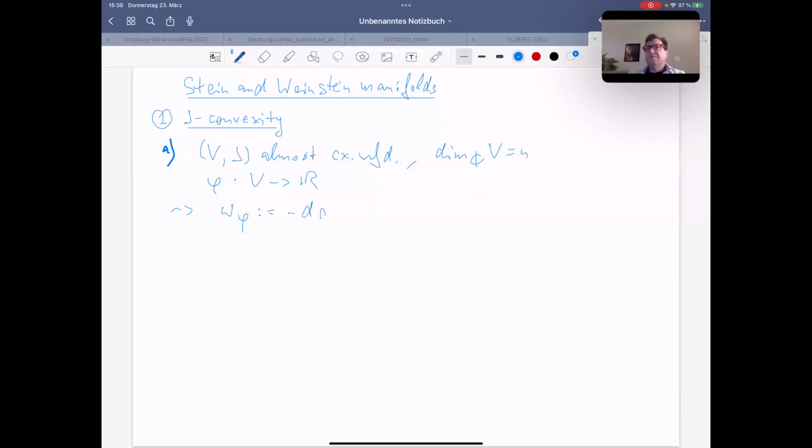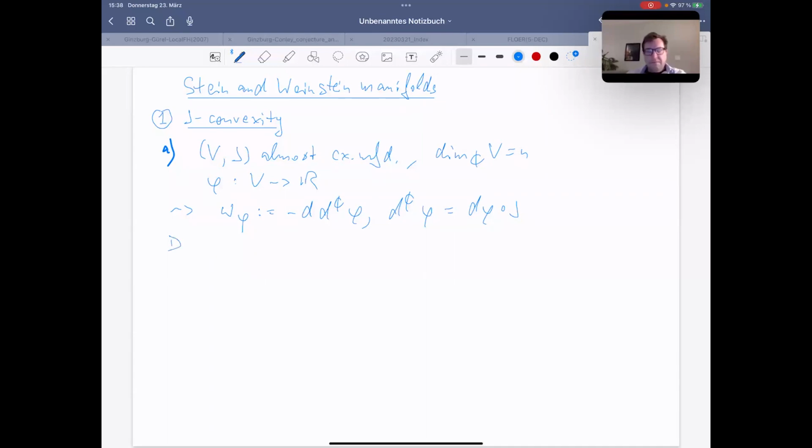We take minus d d^c phi, where d^c phi means we take the differential of phi, which is a one form, and compose it with the complex multiplication. So we get another one form, which has no longer any reason to be closed. So we take another d of it, and we get an exact two form.